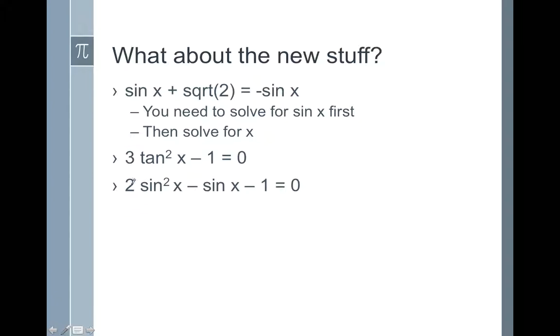This looks just like a 2 something squared minus something minus 1. So it's a 2 sine squared x minus sine x minus 1. It's going to factor. We've done factoring these problems before already, just in the last couple days. And we already know that this one factored like this.